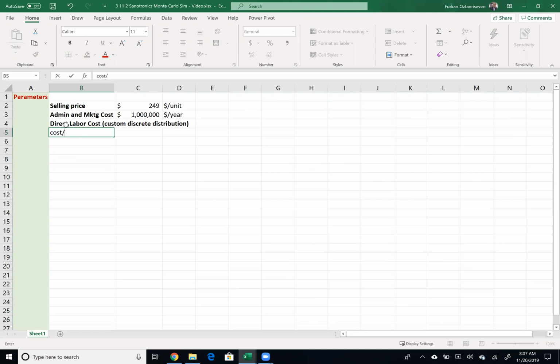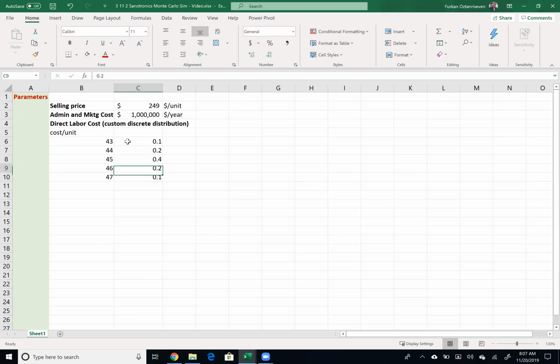Cost per unit, per person in this case, could be any number between $43, $44. Highlight these two. Right down corner, black cross, drag it down all the way till $47. And here are the probabilities. 0.1, 10%, 0.2, 20%, 0.4, 40%, 0.2, 20%, 0.1, 10%.